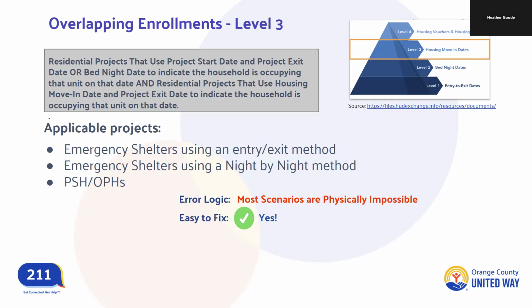Most scenarios in this level are physically impossible. They should be fixed nearly 100% of the time, with information provided as to why the overlaps were not resolved by local data quality controls.